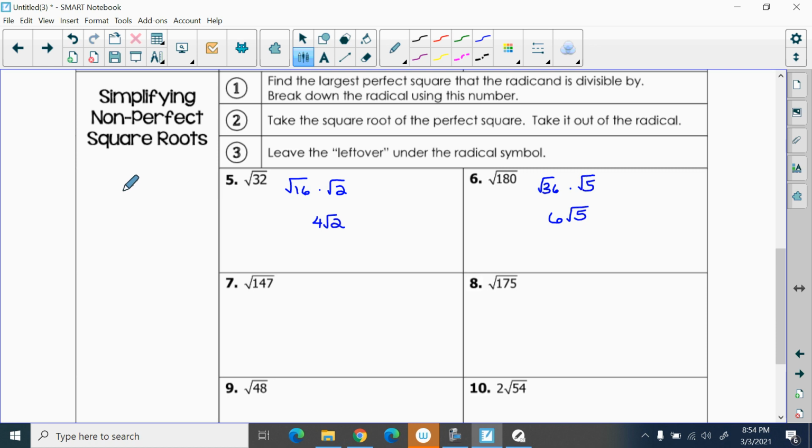So if I have the square root of 180, when I take this, I'm going to divide it by one of my prime numbers. Well, because it ends in a 0, I know it's divisible by 5. So I'm going to do 180 divided by 5, and that's 36, right?